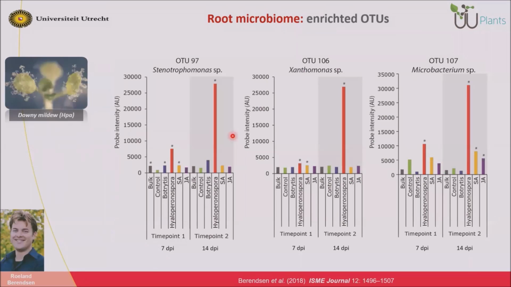Well, we were able to isolate certain microbes from the ones that become increasingly abundant. And here you see that in the red bars. These are the ones that over time become highly increased on the root system after downy mildew infection, and that is a Stenotrophomonas, Xanthomonas, and a Microbacterium.